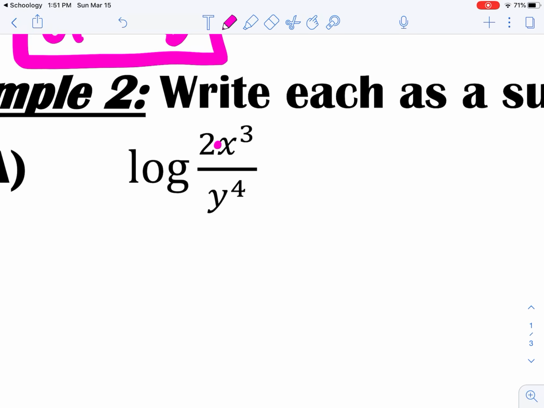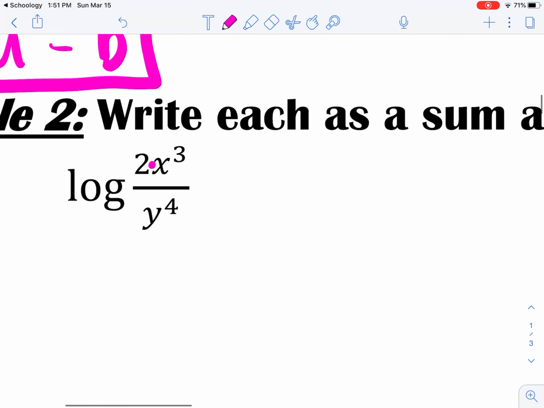In the denominator, I can't put any multiplication in there, so therefore it's just 1 log. So any term or variable that's in your numerator is going to become its own logarithm, and they'll be separated by addition. Anything that's in the denominator will be subtracted from your logarithm.